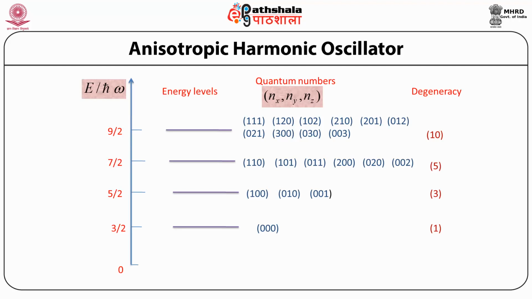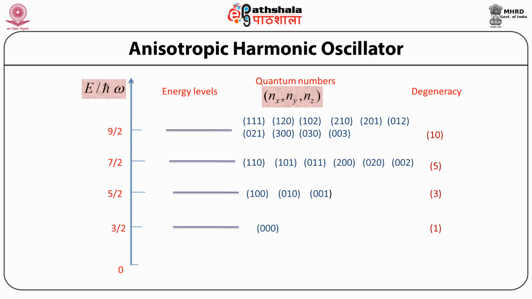Similarly, for the third excited state, the energy is 9 by 2 h bar omega. And the quantum states, that means the possible values of nx, ny, and nz which give the same energy, are 111, 120, 102, 210, 201, 012, 021, 300, 030, 003.